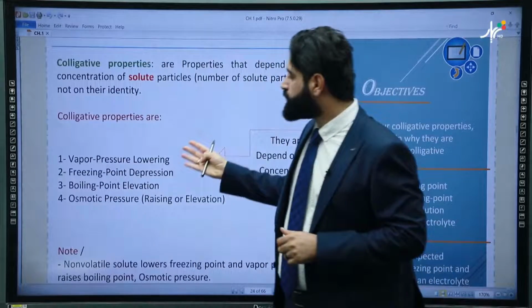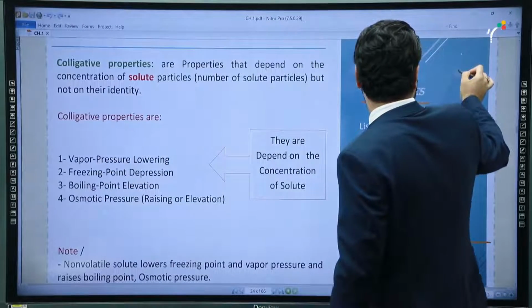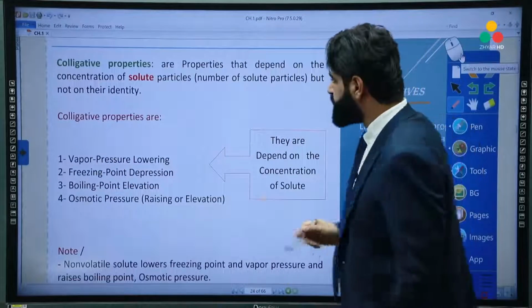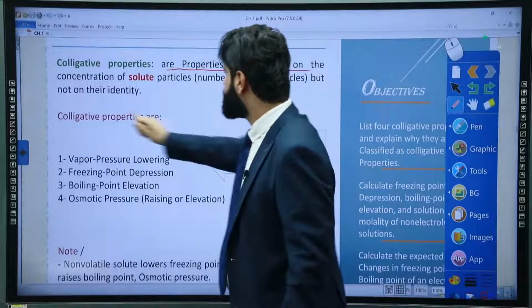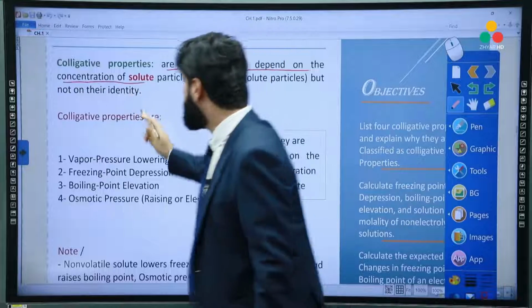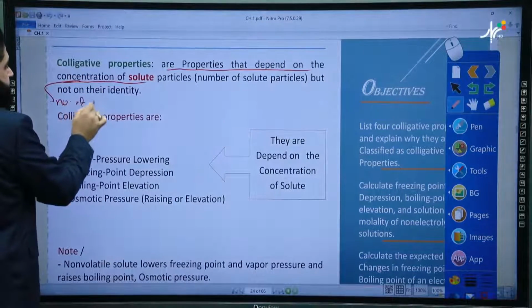Here we have 4 colligative properties. I want to mention again, colligative properties are properties that depend on the concentration or number of particles.